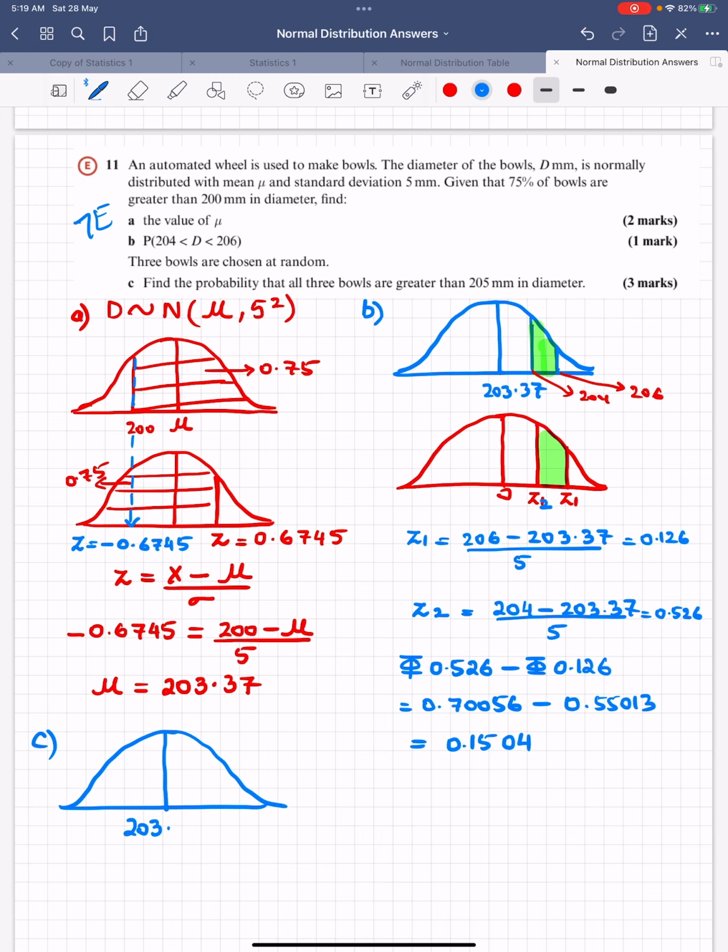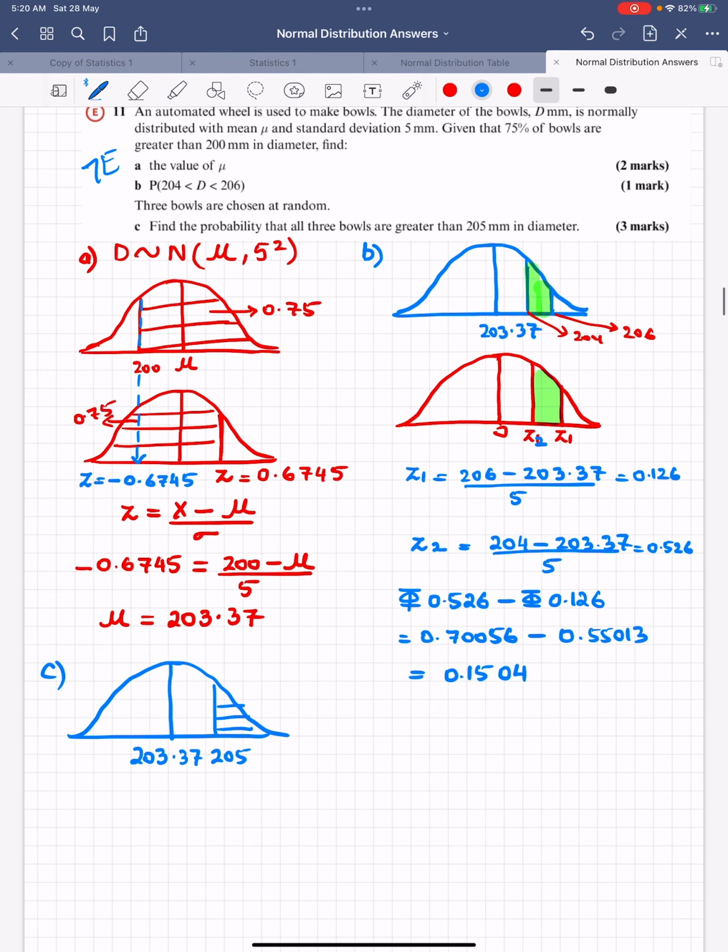The mean is 203.37, and we are looking for the probability greater than 205. For that we need the corresponding z value, which we can call z3.